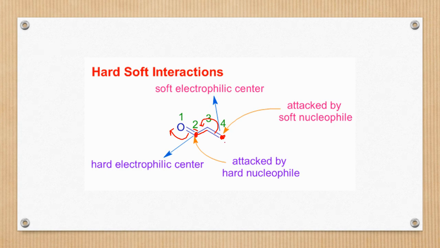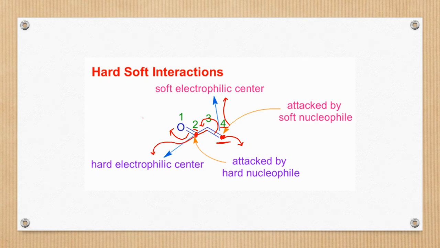So that is why they have given a theory that this is the soft nucleophile attack position, and this position belongs to the hard nucleophile. So carbon number 4 is a soft electrophilic center, and carbon number 2 is a hard electrophilic center.